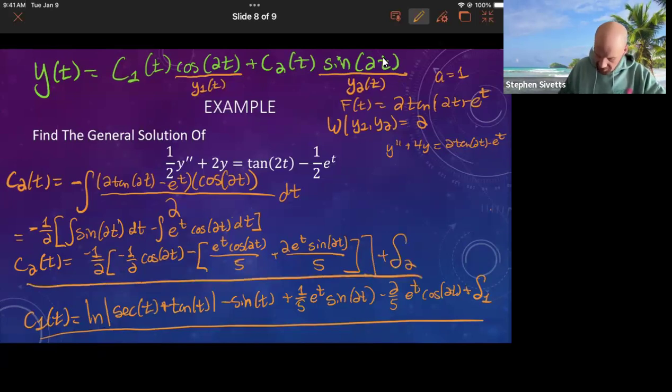So that is C2. I'll let you simplify that on your own. But nevertheless, that is the variation of parameters method.